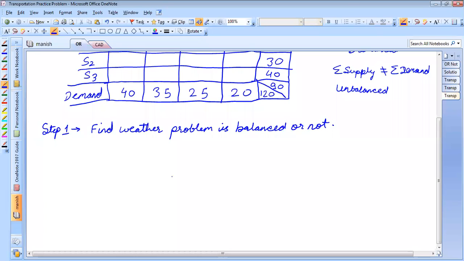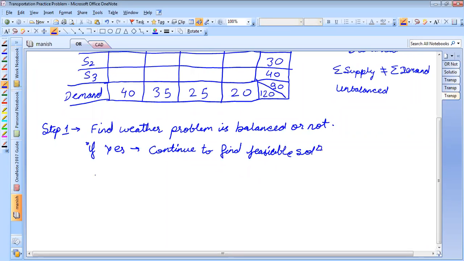Okay, so we say the problem is balanced if yes, to find feasible solution.